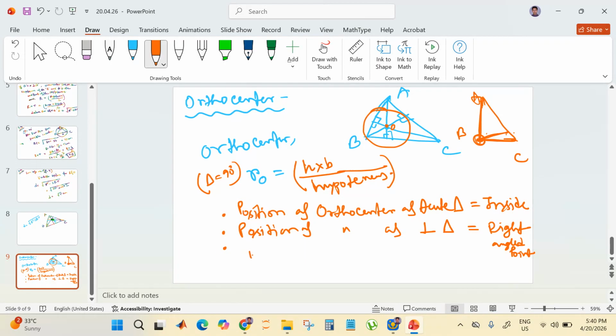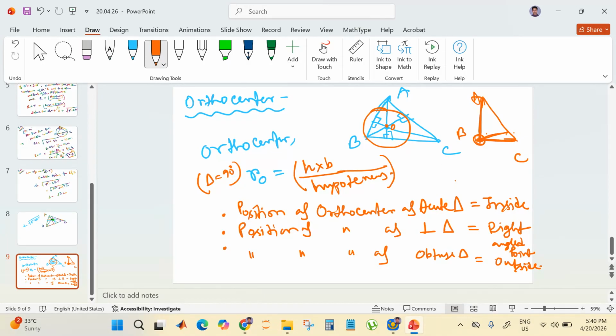Okay. Similarly, position of orthocenter of an obtuse triangle equals outside. So inside means, in this example, for an exact right angle triangle it will be at the right angled point, and for an obtuse angle triangle it is outside. Outside means outside the triangle.